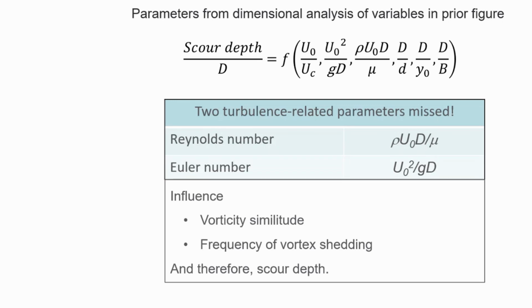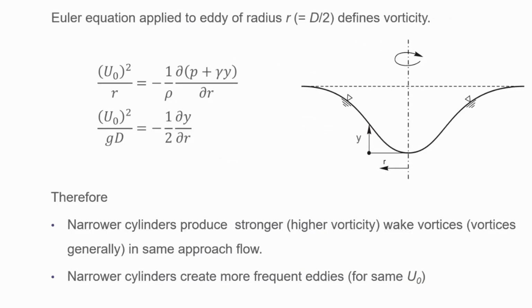And therefore, they influence values of scour depth that you see in the lab at small scale than in the field. This is just an application of the Euler number. Basically, you have a vortex rotation here, normalize things here, and if you scale, as I'll show soon, the velocity with the Froude number or the Shields number, you get a larger velocity compared to the length scale.